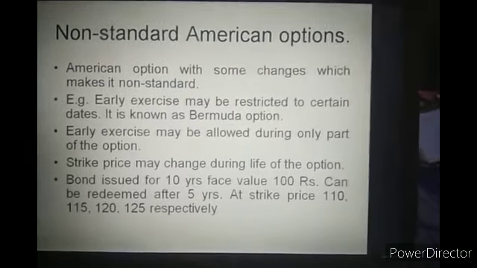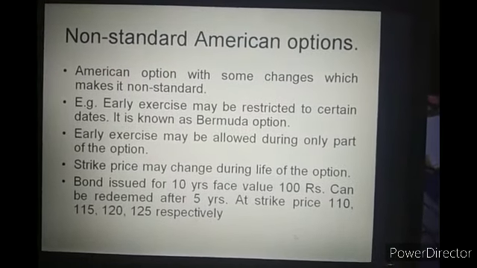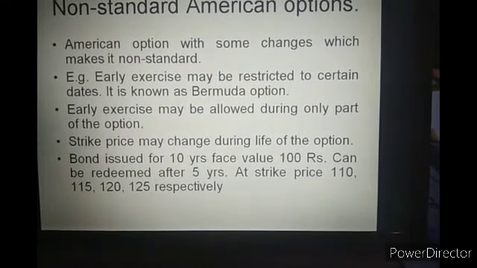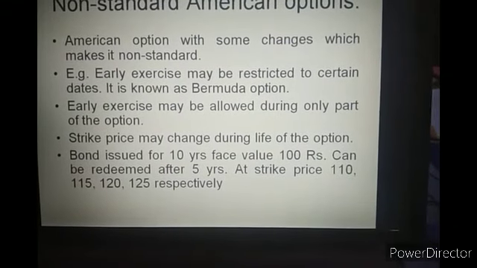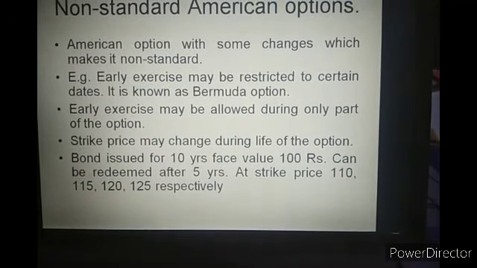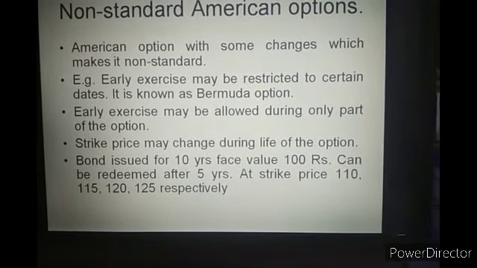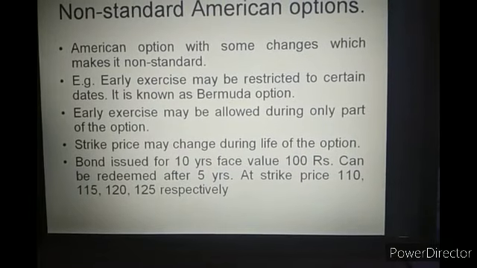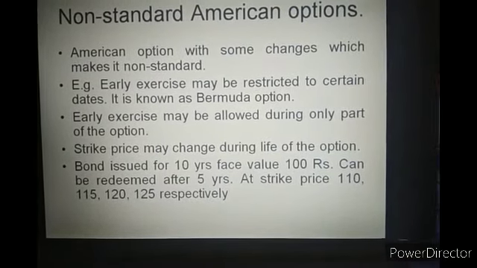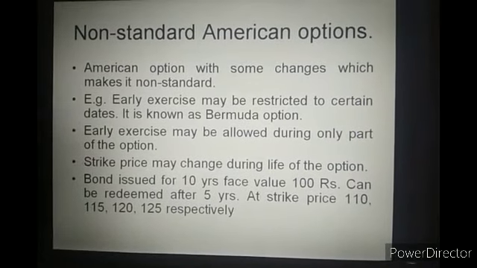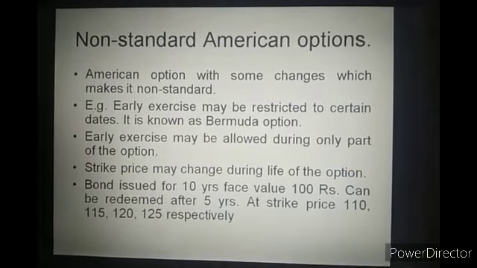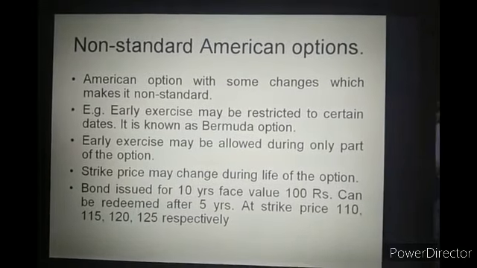For example, take the last point here: a bond issued for 10 years, face value 100, can be redeemed after 5 years at strike prices of 110, 115, 120, 125 respectively. What does it mean? The contract has 10 years of life, and after 5 years it becomes American.